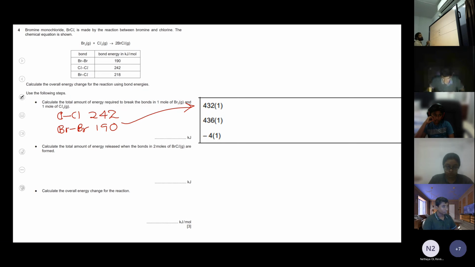And then BrCl. You have two of them, therefore 218 into 2, so then 436. 432, and the overall energy is what? Minus 4.